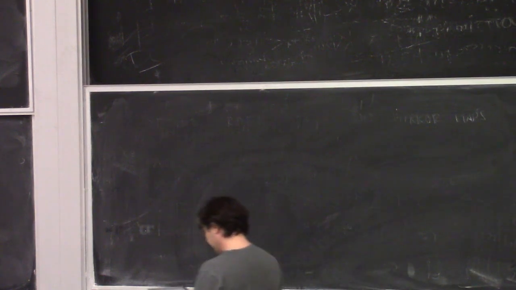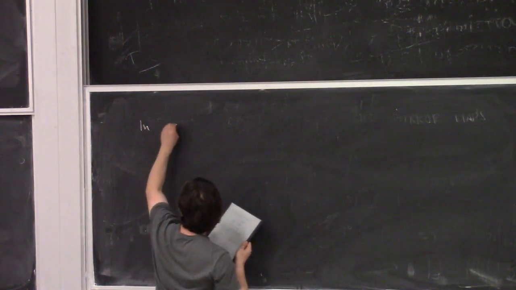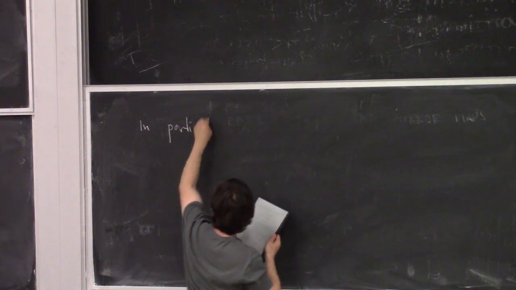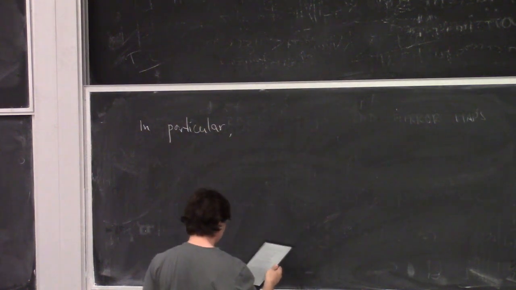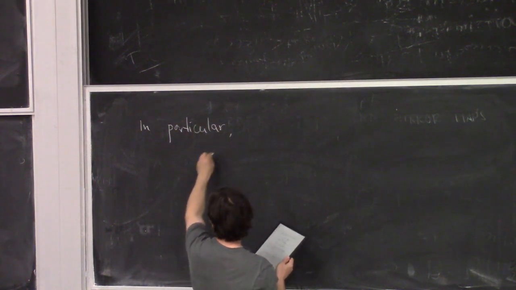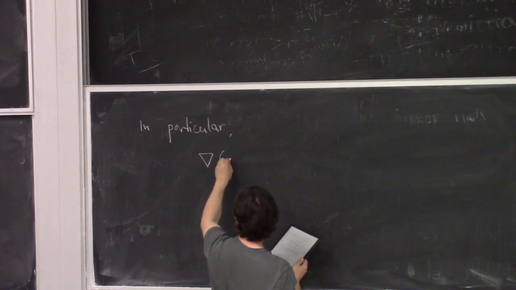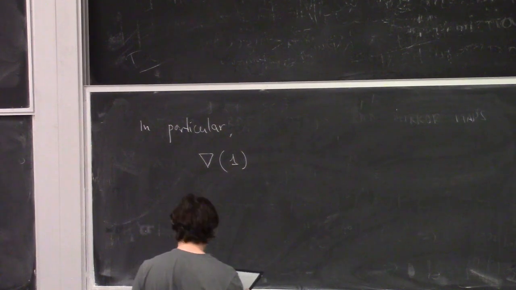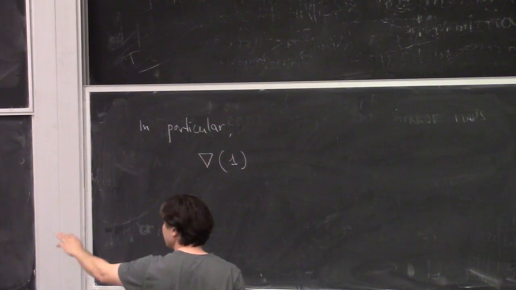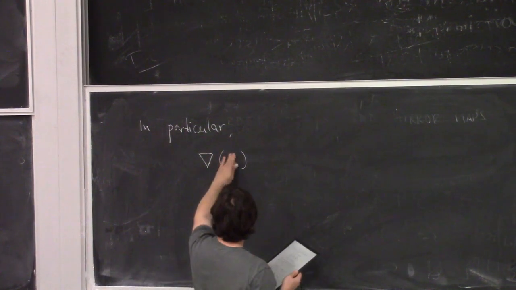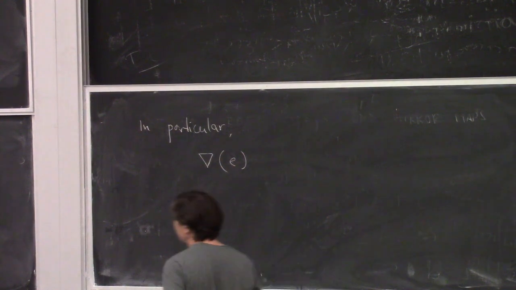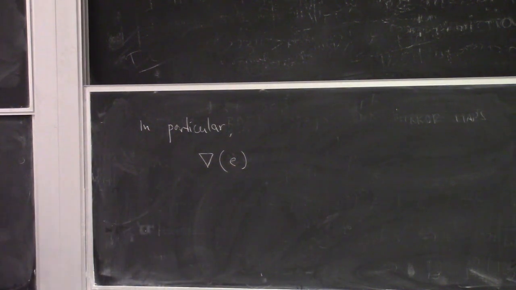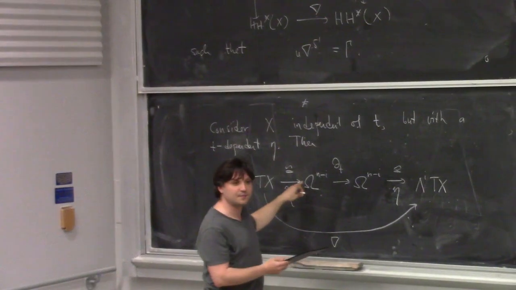So in particular, what happens if I take the function 1, which, as a Hochschild cohomology class, I'm going to call this E. Okay, so it's the function 1. You map it to eta, right?